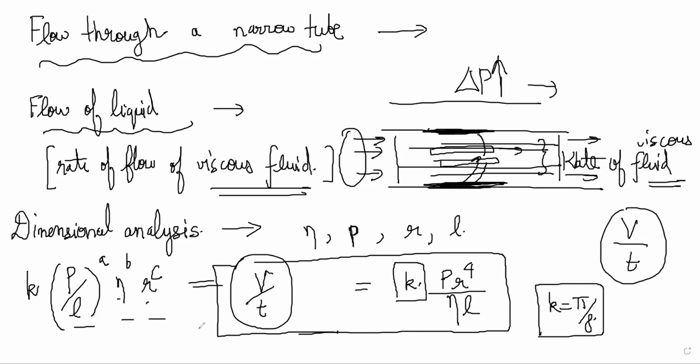So finally, you have the rate of viscous fluid flow, V by T is equal to pi P R power 4 by 8 eta L. This is the formula that you need to remember.